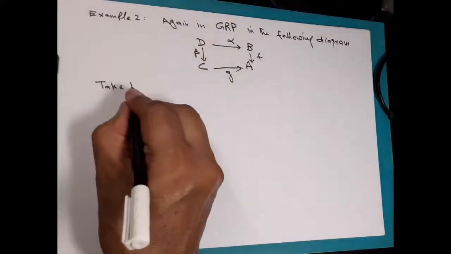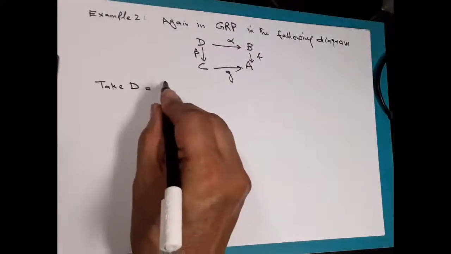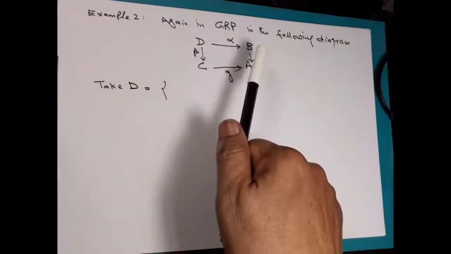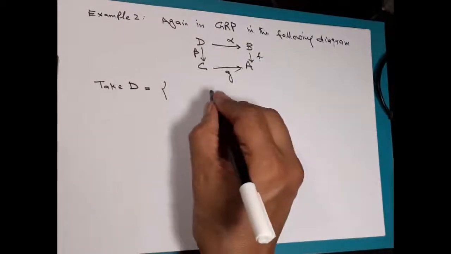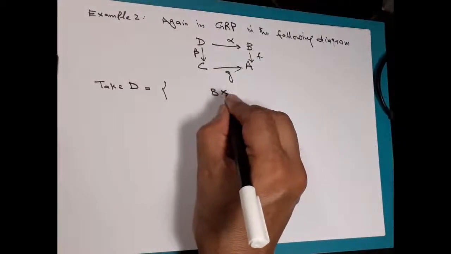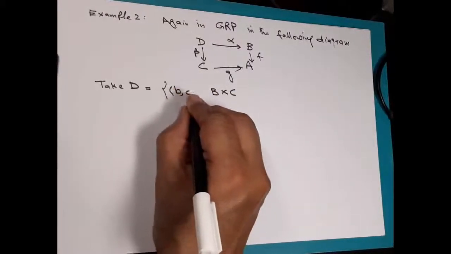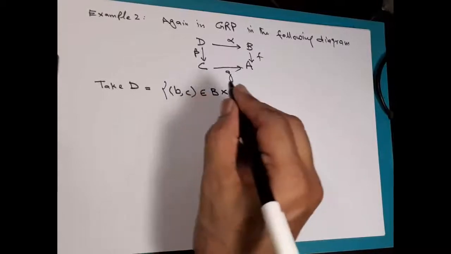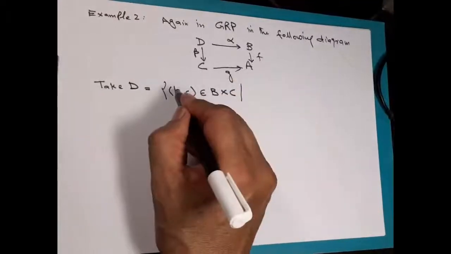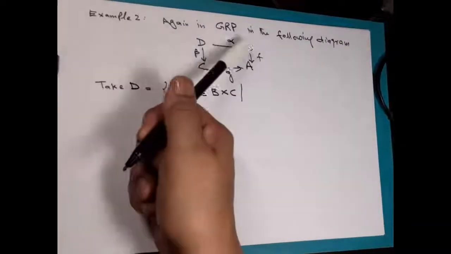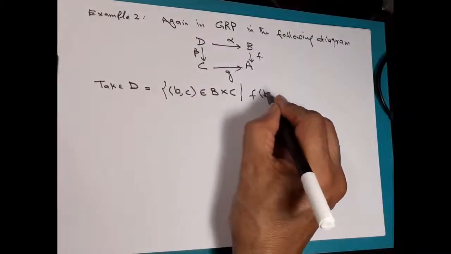So we take D equal to the Cartesian product of B and C, and take those ordered pairs from B and C for which the effect of F on b, this b is an element of capital B, therefore F is going to act on b.